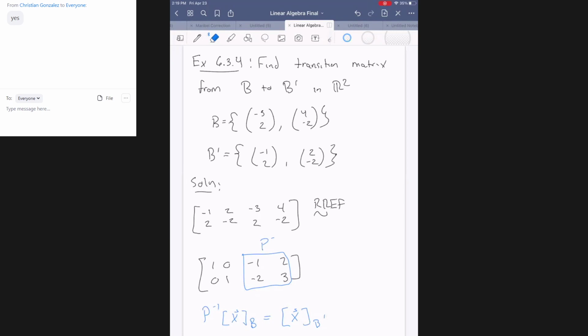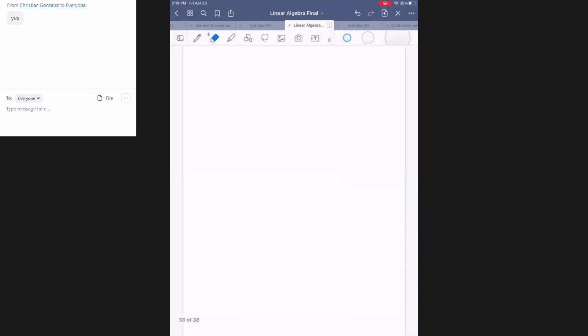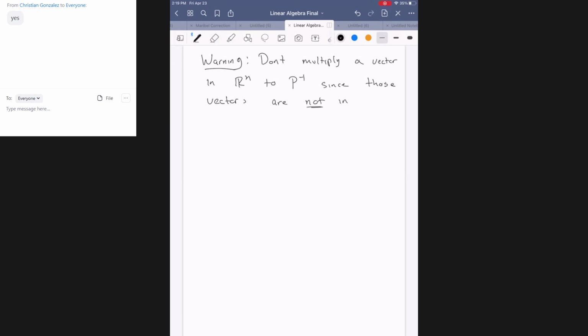You could find the transition matrix from the standard basis to B. But warning: don't multiply a vector in Rn by P inverse, since those vectors are not in the coordinates of B, right?